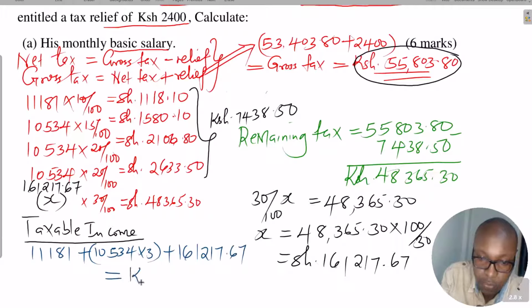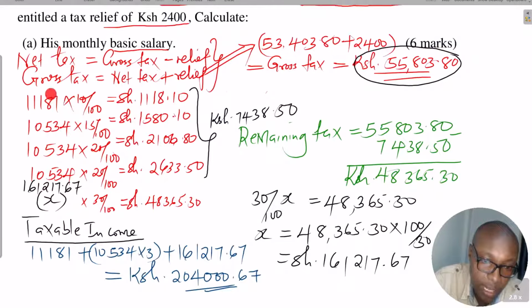So add everything: 11,181 plus 10,534 times 3 plus 161,217.67. That will give 204,067. So that is the taxable income, and you get it by simply adding everything here.